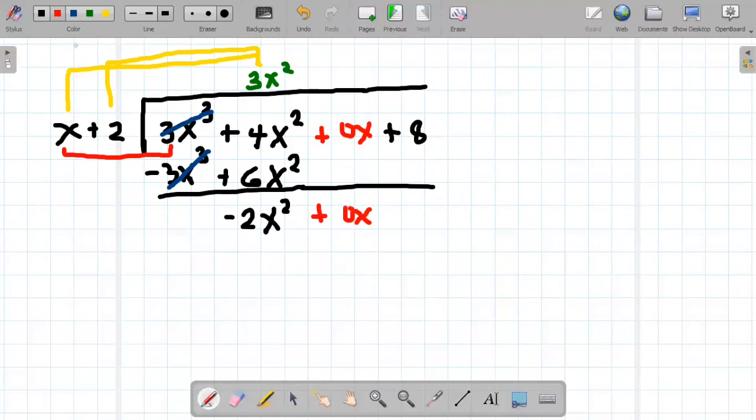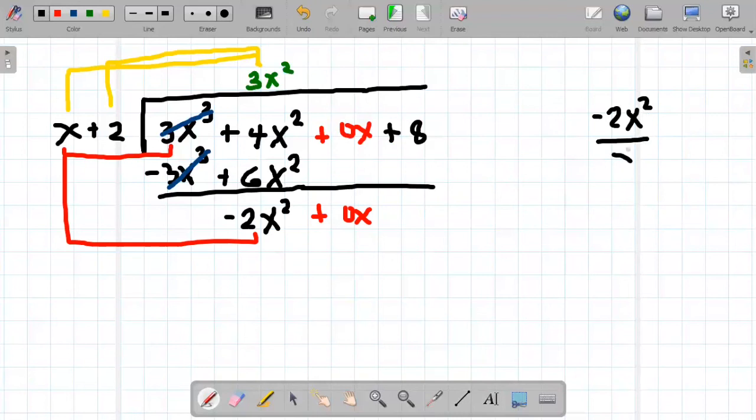Okay? So we divide negative 2x squared by x. That's negative 2 divided by 1, so you have negative 2. x squared divided by x, subtract 2 minus 1, that's x.